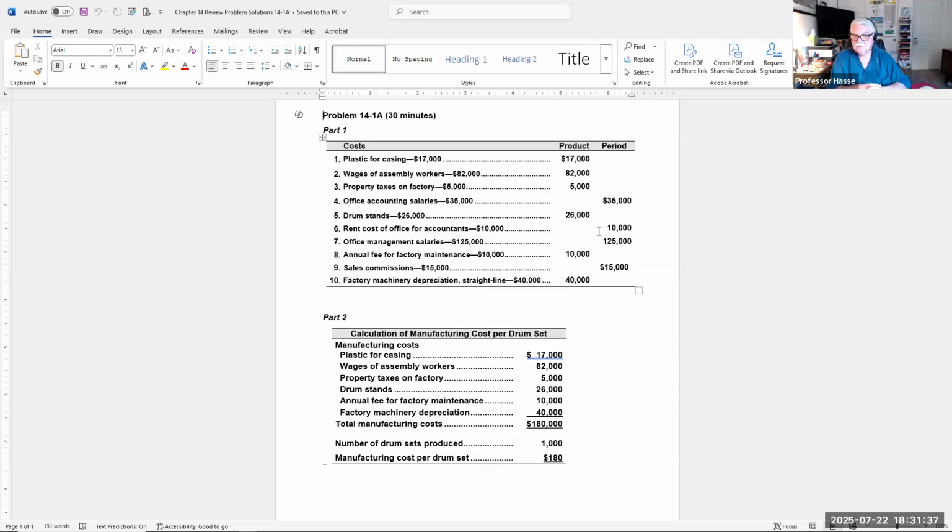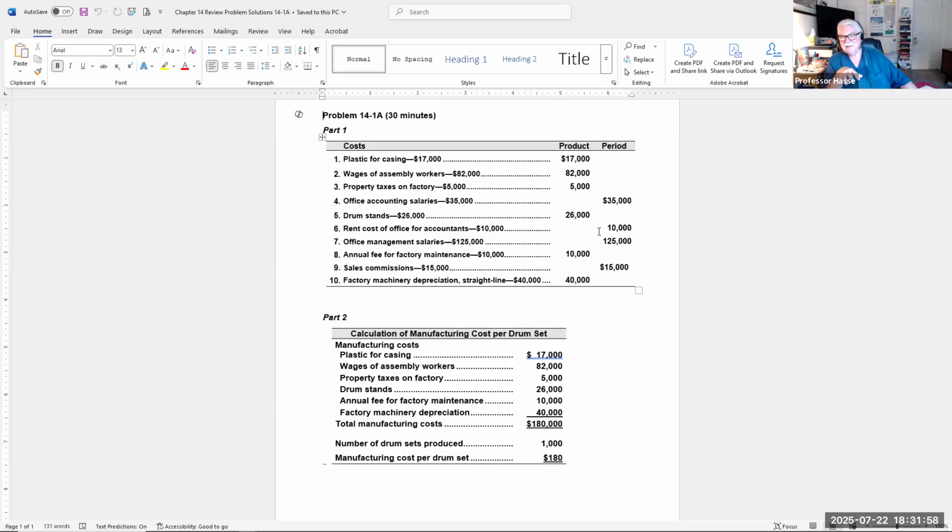Notice office accounting salaries, rent on the office, management salaries, and sales commissions are not determining manufacturing cost per drum. Now, why is that $180 so important to us, MBA students?